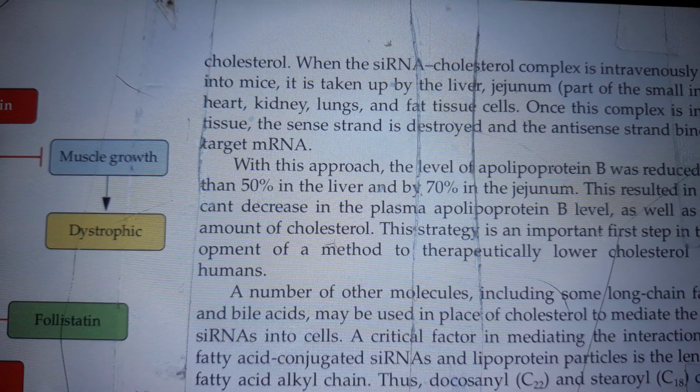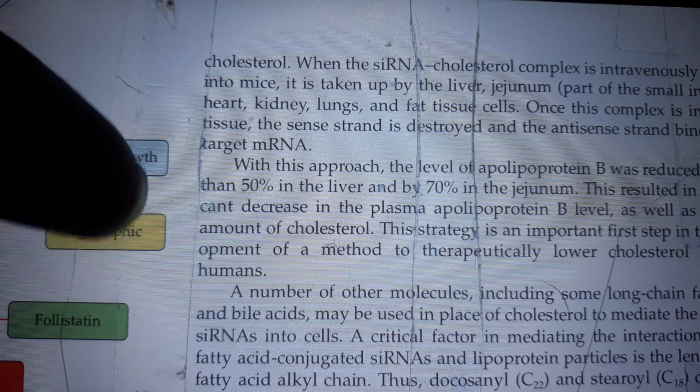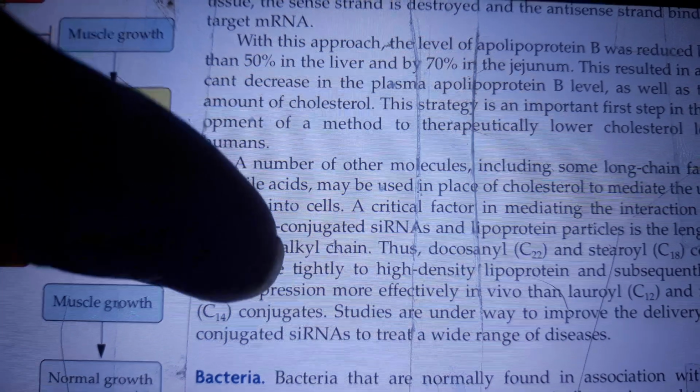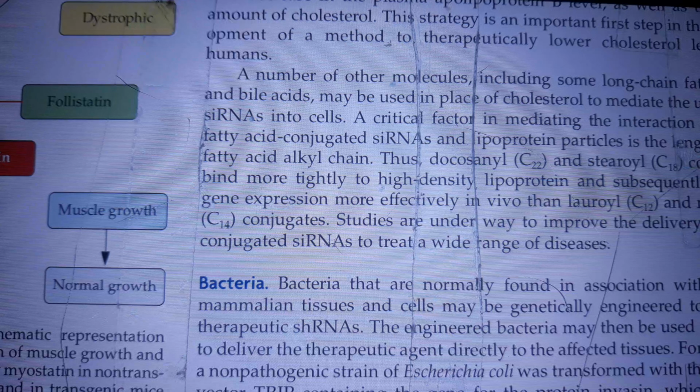Once this complex is inside the tissue, the sense strand is destroyed and the antisense strand binds to the target mRNA. With this approach, the level of apolipoprotein B was reduced by more than 50% in the liver and by 70% in the jejunum. This resulted in a significant decrease in the plasma apolipoprotein B level, as well as the total amount of cholesterol. This strategy is an important first step in the development of a method of therapeutically lowering cholesterol levels in humans.